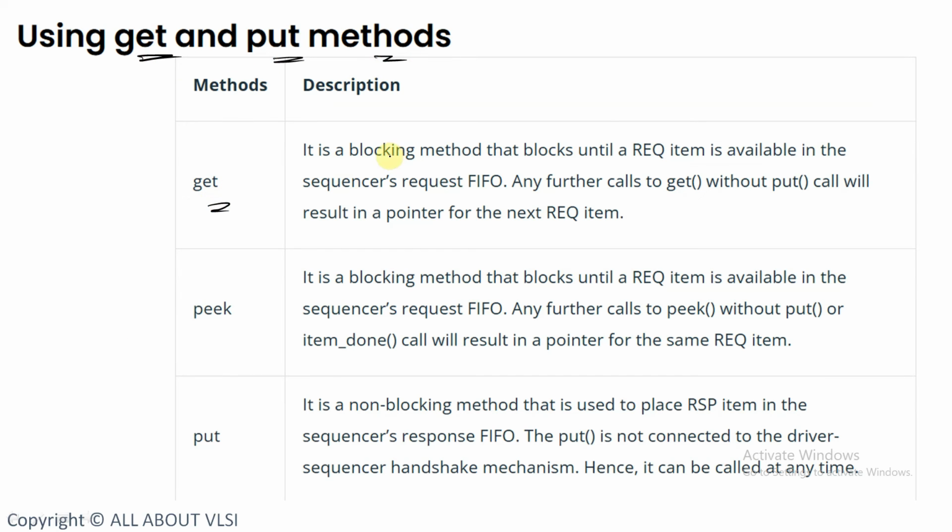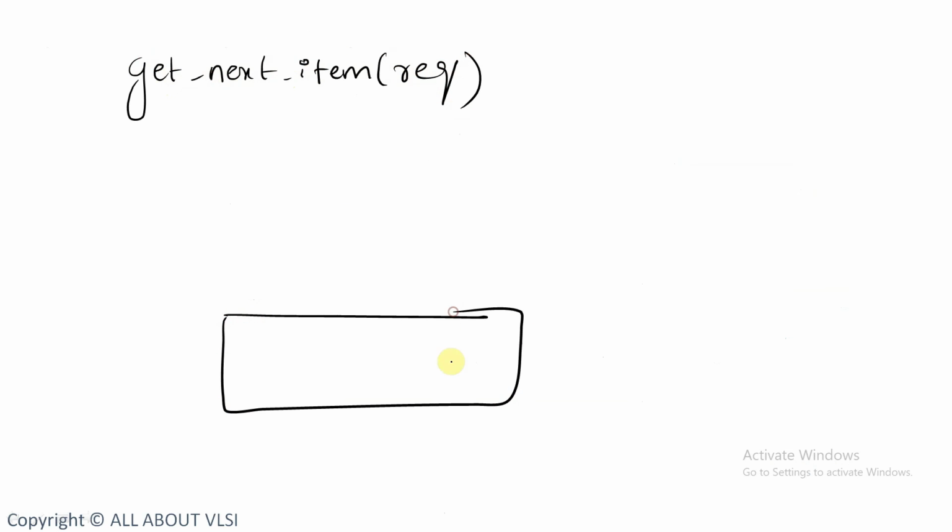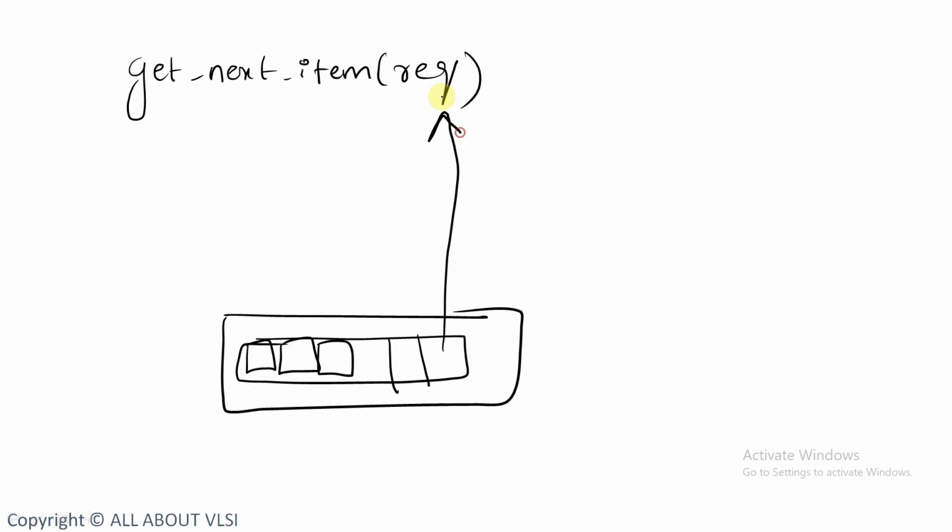Now next, let us discuss the get and put methods. The get method is a blocking method that blocks until a REQ item is available in the sequencer's request FIFO. Any further calls to get without a put call will result in a pointer to the next REQ item. In the case of get_next_item, the transaction item or sequence item present in the FIFO will be written to this REQ.